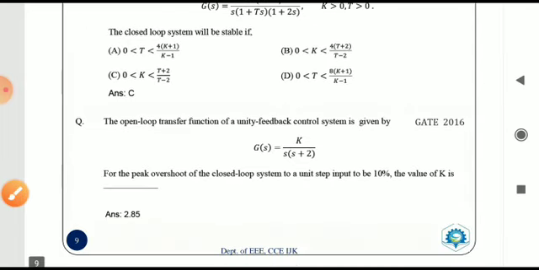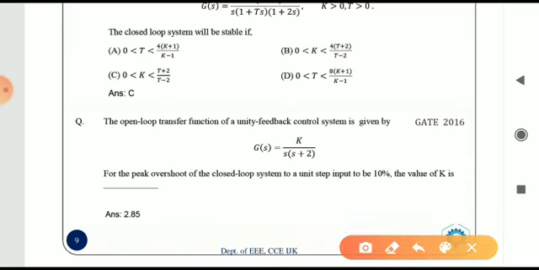Coming to the next question. The open loop transfer function of a unity feedback control system is given by G(s) = K / (s(s + 2)). For the peak overshoot of the closed loop system to a unit step input to be 10%, the value of K is? Okay. Now the given transfer function is a second order system.